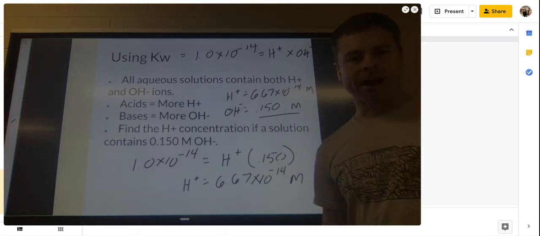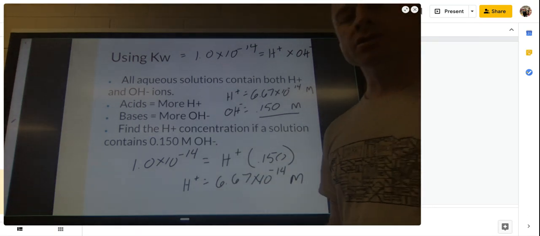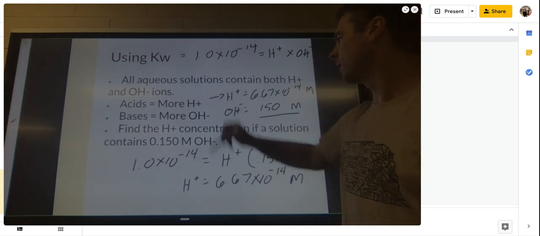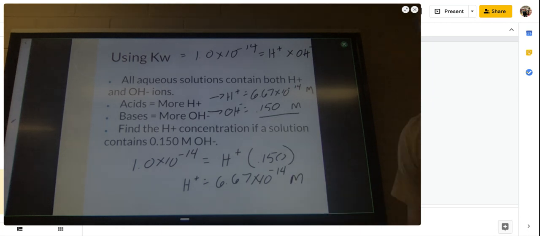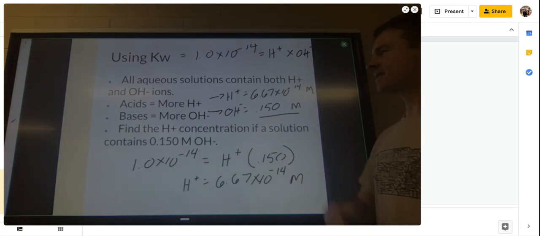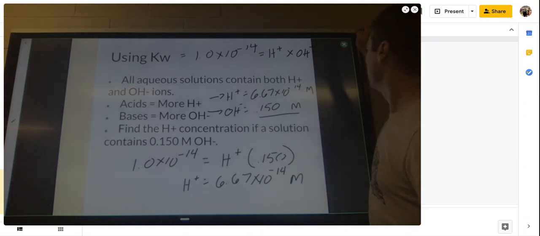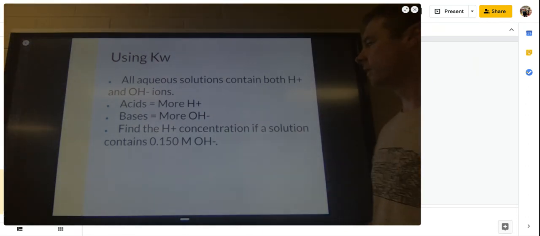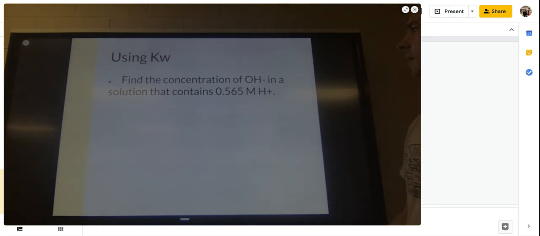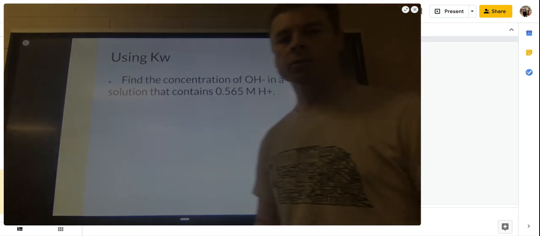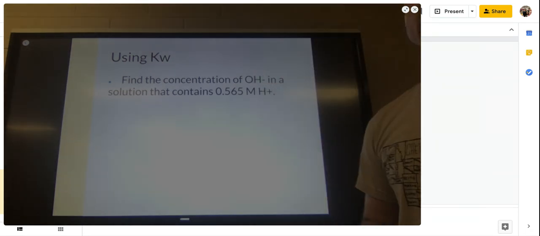If you don't trust me on that, you could find the pH and the pOH. You could take the negative log of this number to get the pH. You could take the negative log of that number to get the pOH. You could look at the acid-base scale, and you could figure out if it's an acid or a base. Okay? This kind of puts all this stuff together. I apologize for this being just kind of out there, and there's a lot of stuff that goes into this. Okay? All right. So why don't you guys try this one, and I'm going to pause you here.